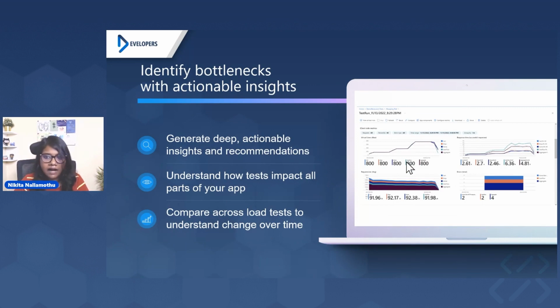After the test, you would be able to identify which part of your application is a bottleneck and is causing any performance issues. You can go and make sure that you, for example, increase the SKU or increase the cores if it's a VM, and make sure that it's able to handle the load that you expect it to experience, right?